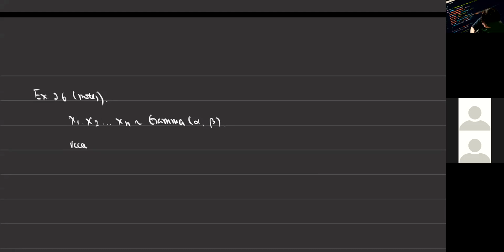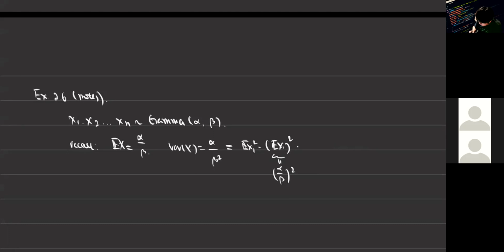So recall, the expectation of x, if x is gamma, is alpha over beta. And the variance of x is alpha over beta square. We do the same trick that we did for the normal distribution. So what that means is we have expectation of x1 square minus expectation of x1, parenthesis, square. And the second guy is alpha over beta square, right?